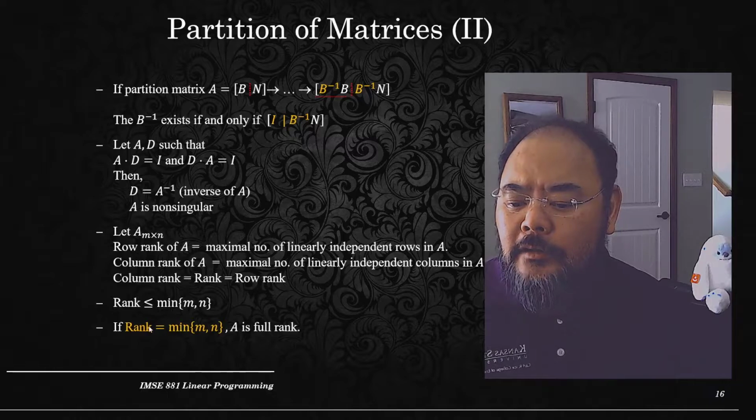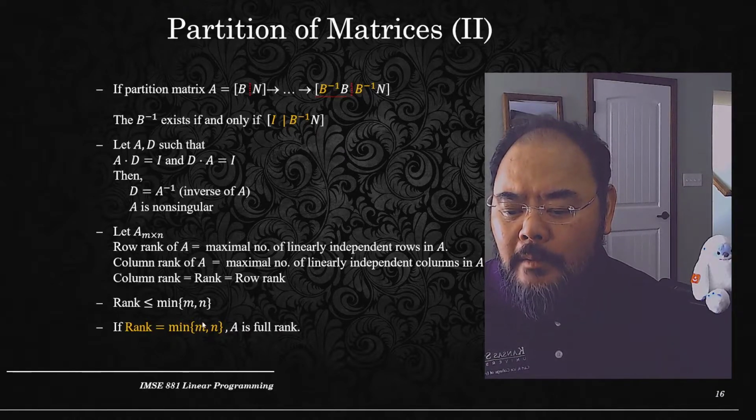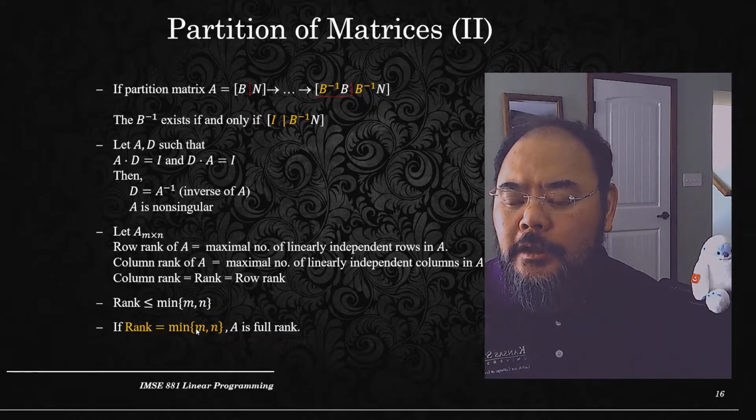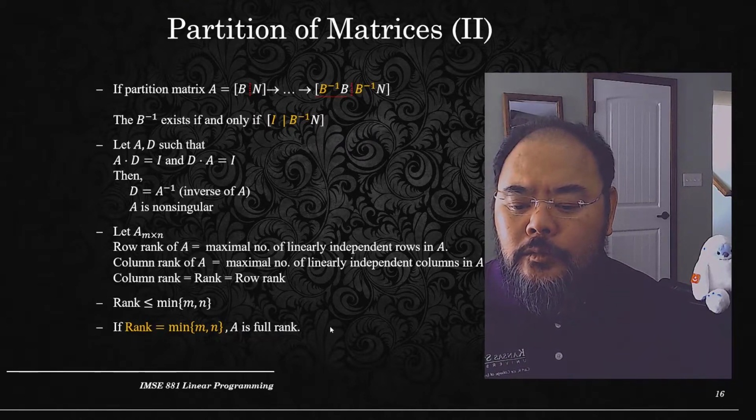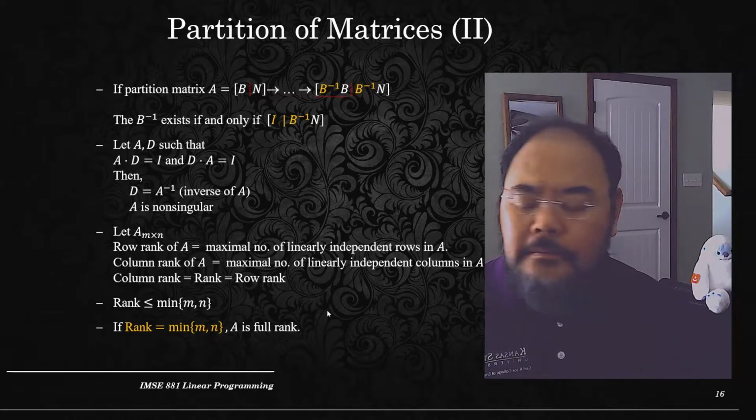So if the rank equals m, the number of rows, the linearly independent rows, we call A full row rank. If the rank of the A matrix equals n, we usually call A full column rank, but they're the same.